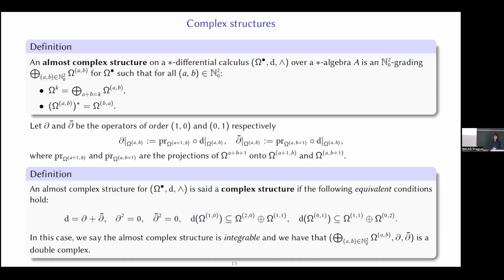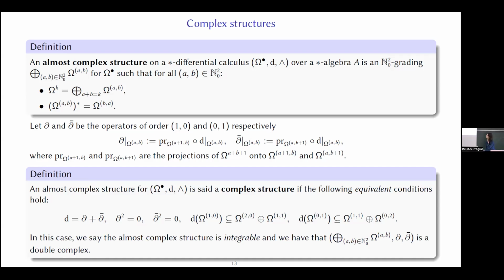Also we ask that the wedge product respects this (a,b) grading. So if you have just an (a,0)-form and an (a',0)-form, do you ask that the wedge product of them is an (a+a',0)-form? Makes sense. I think so, but I did not mention it.